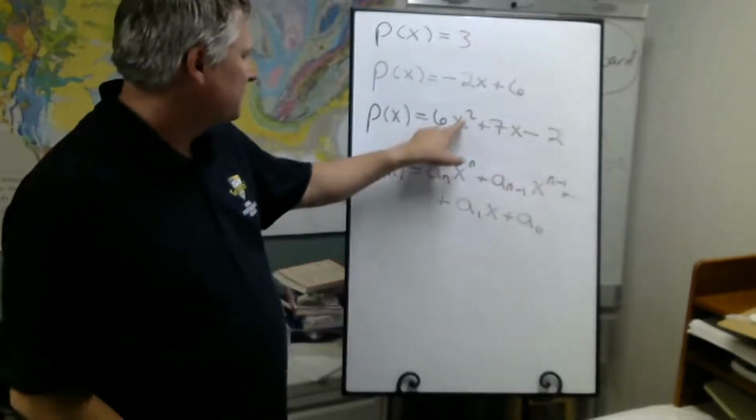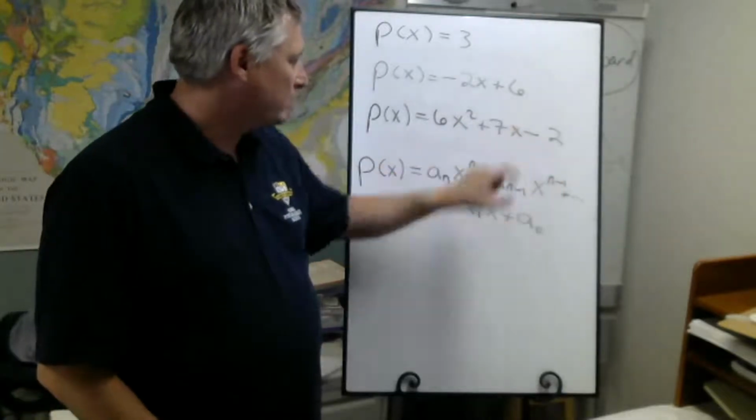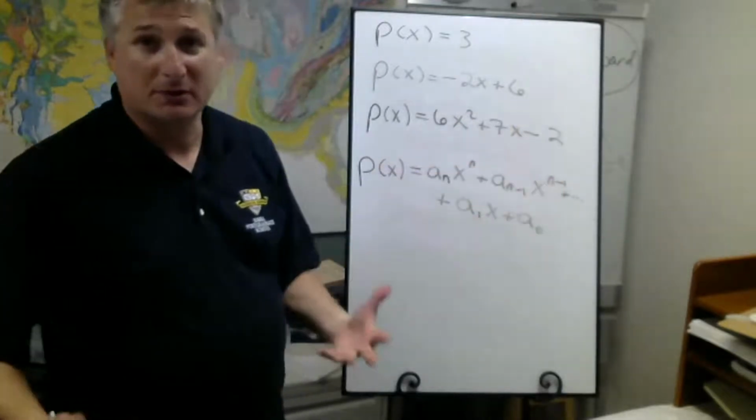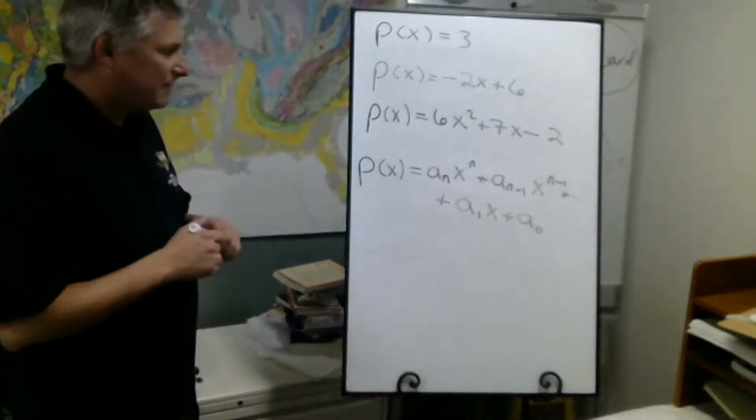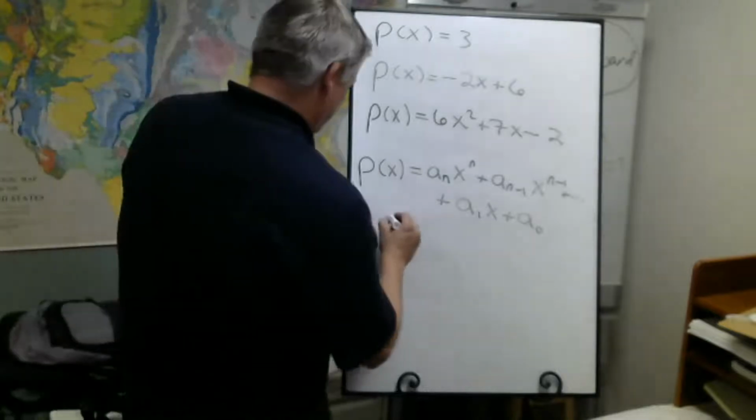So for example, for this one, n would be 2, 2 minus 1 is 1, and then we have a sub 0, which is our constant. Now, the exponents for polynomials are whole numbers.